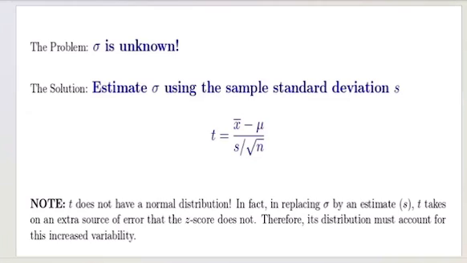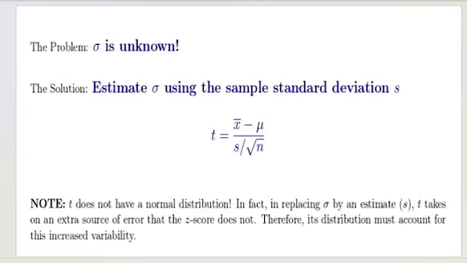You can see the story now. Initially, when the population standard deviation is known, I'm going to use a Z. But when the population standard deviation is unknown, I'm going to use a T-score. And when I'm using a T-score, the distribution is not going to be normal anymore.